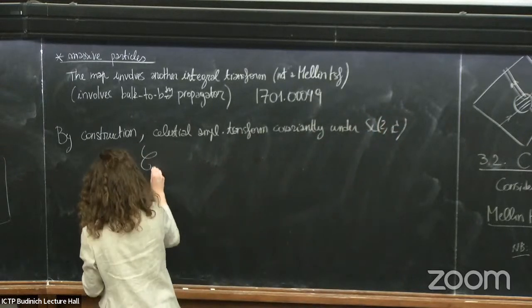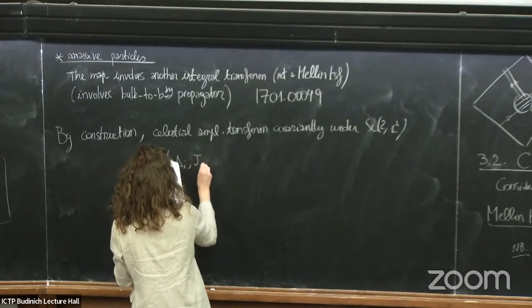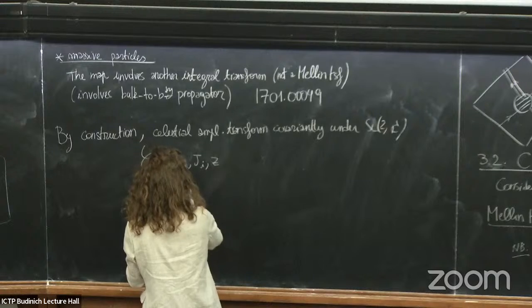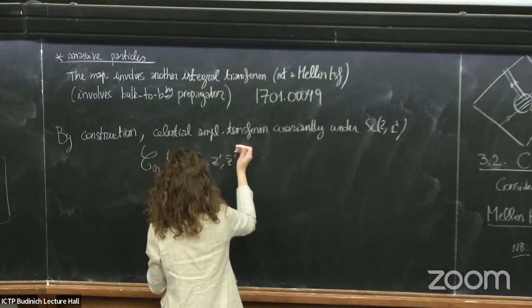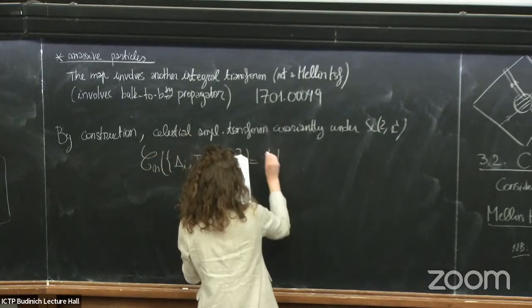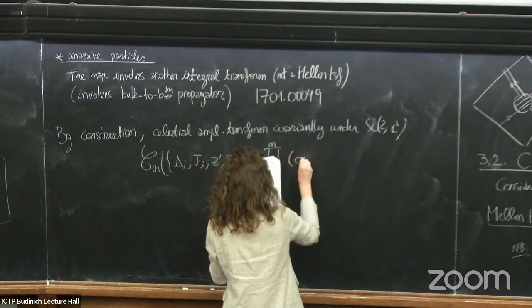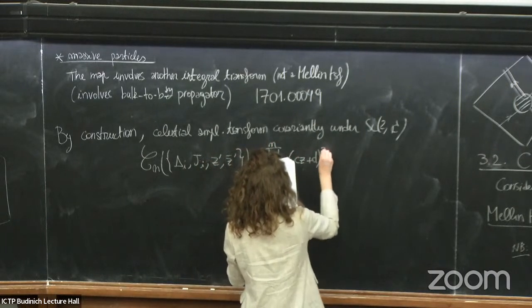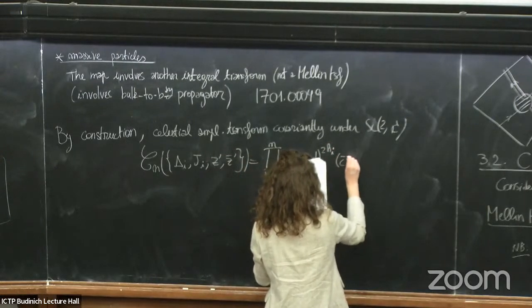This means again that if I act with SL2C, by design, I will have an n-point function.